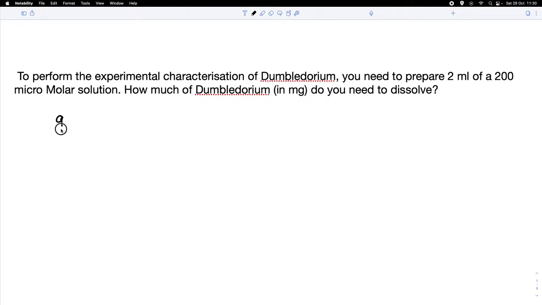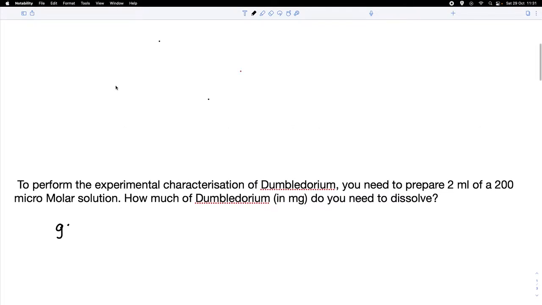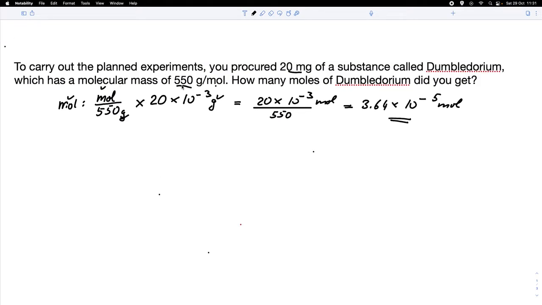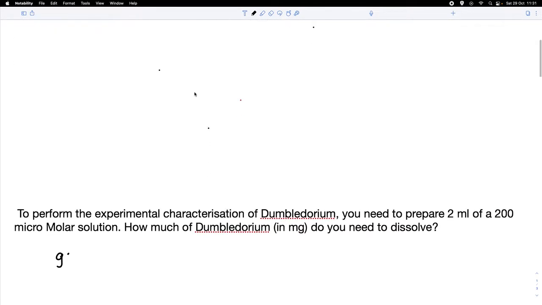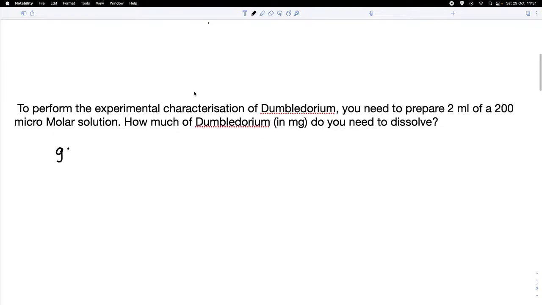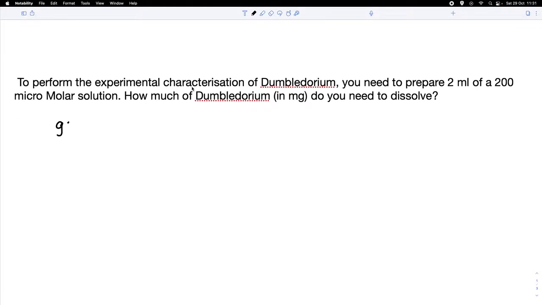We are looking for the number of grams, and we know that we have a molecular mass of this Dumbledorium of 550 gram per mole. So we can use this here, and we have grams here. So we've got 550 grams per mole.